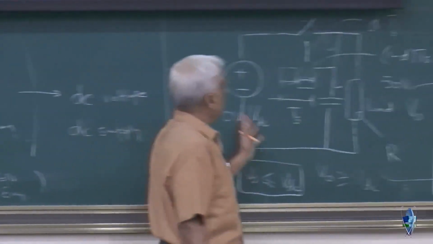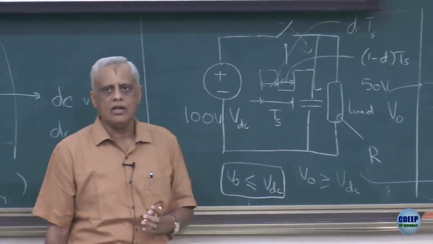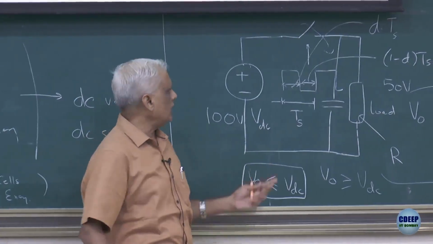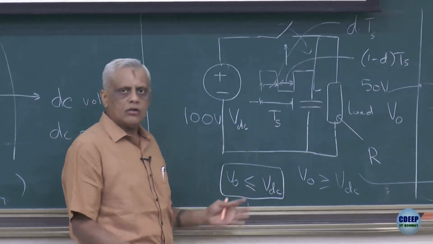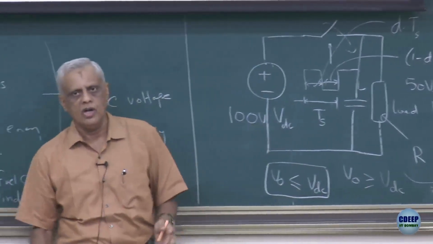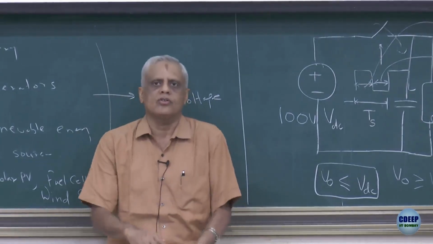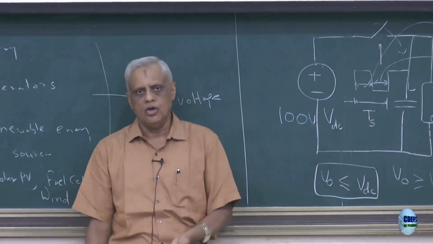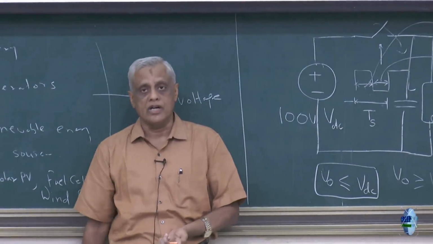And by adding some L and C components, not only can you get a boosting of the voltage, as in a boost converter, you can also have a combination. You can have a buck as well as a boost system. The same system can give you both, and you can also reverse the polarity.